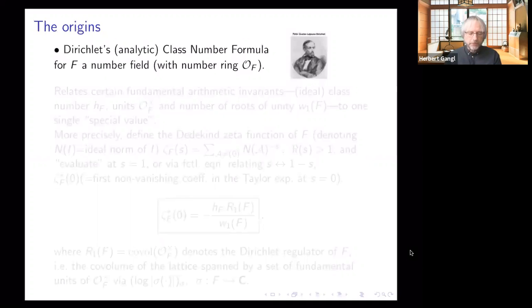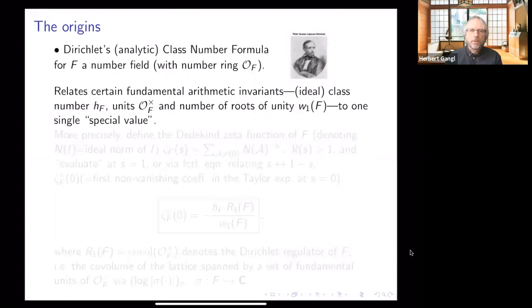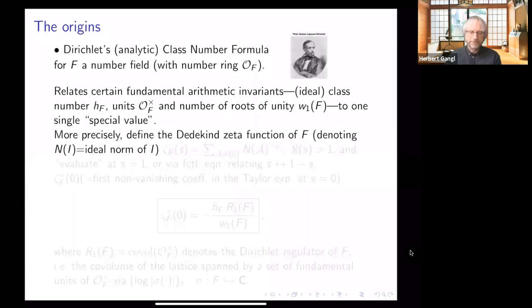It relates fundamental arithmetic invariants like the ideal class number, the units, a measure for the size of the units, and the number of roots of unity, into one single value of an important function, the Dedekind zeta function of the corresponding number field.